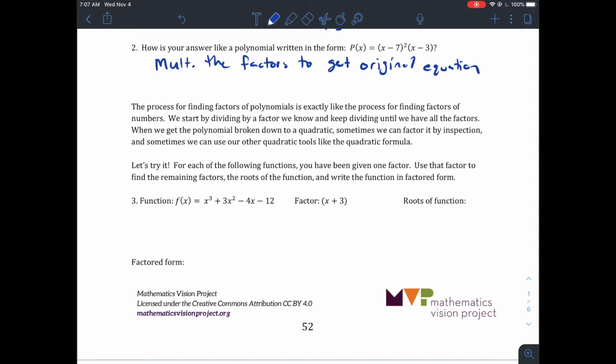When we get the polynomial broken down to a quadratic, sometimes we can factor it by inspection, and sometimes we can use other quadratic tools like the quadratic formula. Let's try it. For each of the following functions, you have been given one factor. Use that factor to find the remaining factors, the roots of the function, and write the function in factored form.